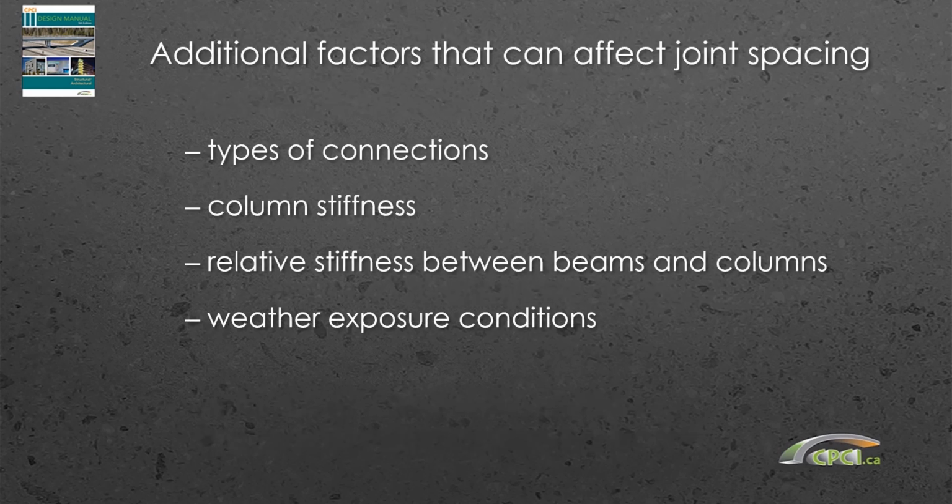So when you're looking at expansion joints and dividing a structure up to limit the effects of temperature change and creep and shrinkage, you really do need to analyze the type of connections and how stiff the columns are. You need to look at the relative stiffness between beams and columns, and obviously weather exposure conditions as well.